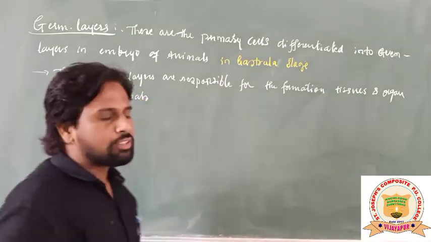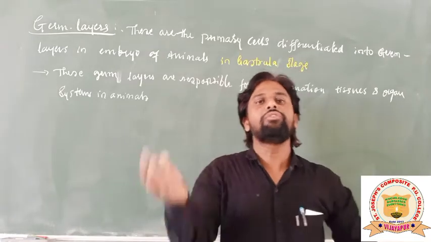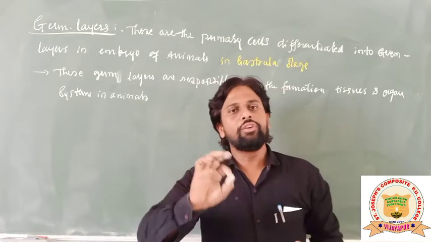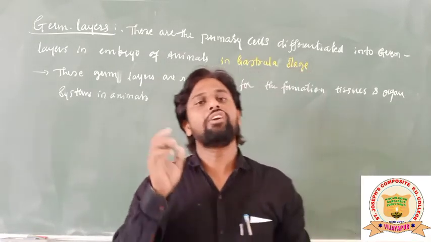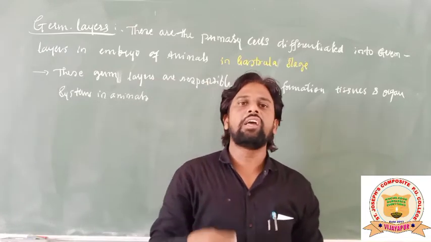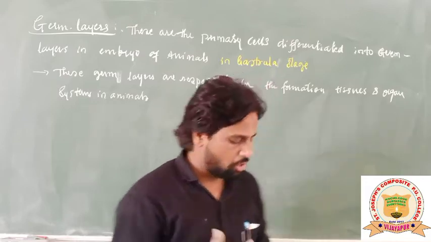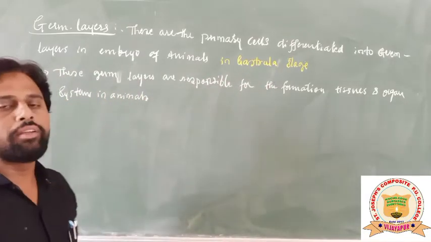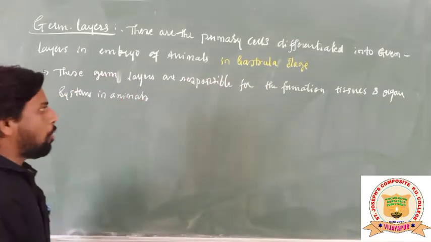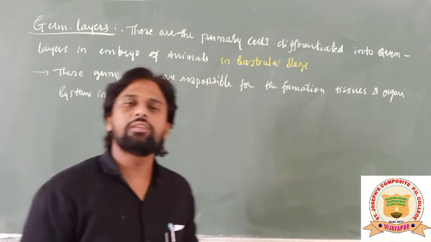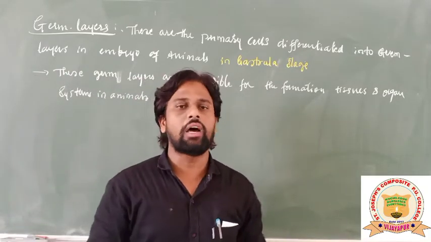It means students, these germ layers in future are going to turn into different tissues and different organ systems. Basically they help in the formation of organs and organ systems. That's what they are considered as here: germ layers. Now based on the presence of germ layers, there are mainly two types of animals.